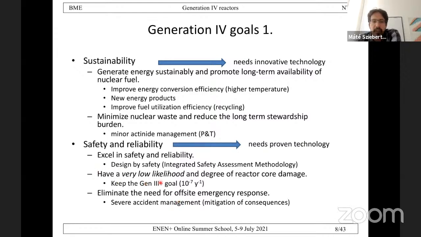When we say that there is a very low likelihood and degree of reactor core damage, this is practically that we would like to keep the generation 3 plus, the conventional, evolutionary design goal. And also to eliminate the need for off-site emergency response, that means that we need severe accident management, so the mitigation of the consequences of a potential severe accident.